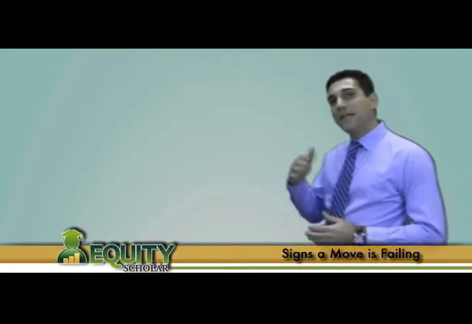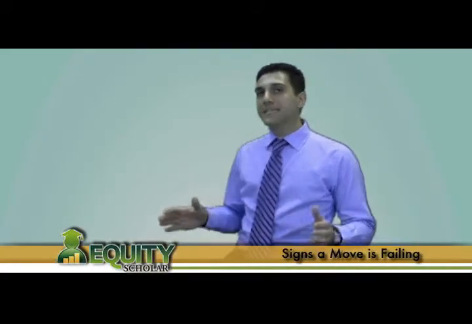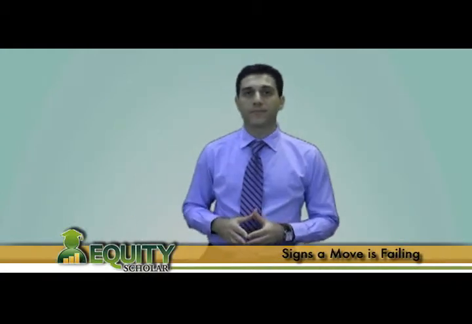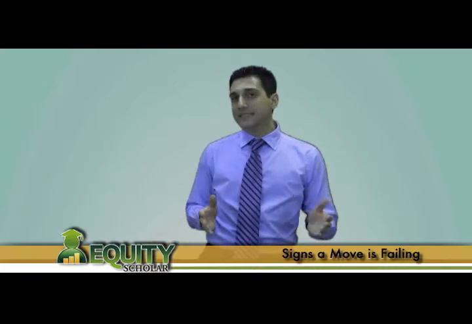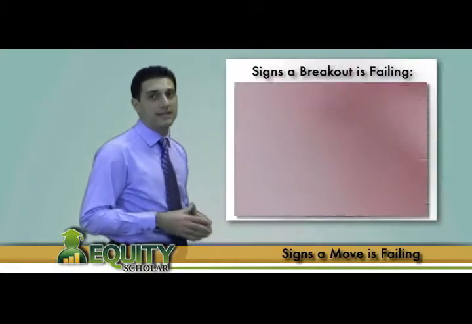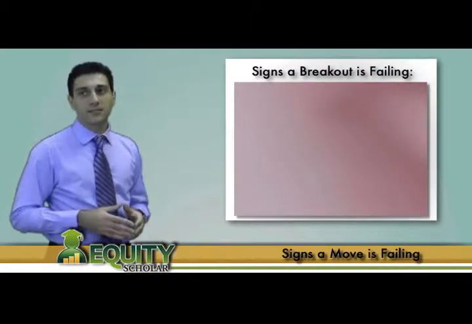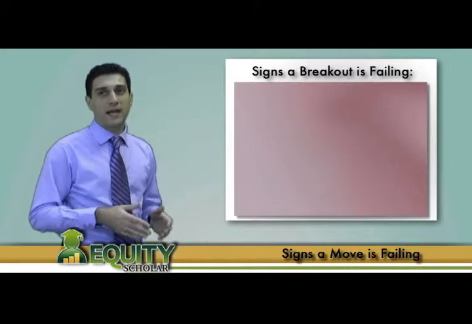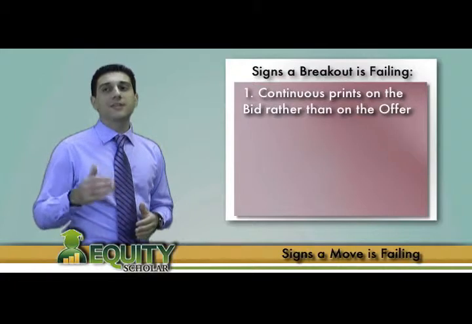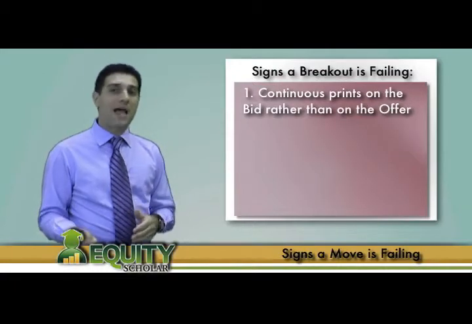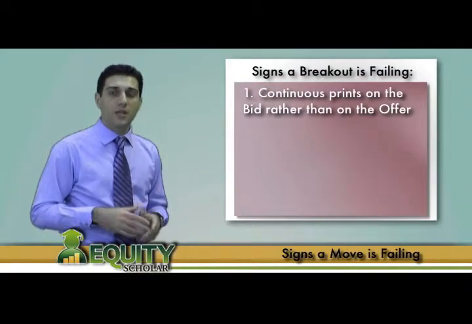Okay, if you're already in on a trade, what are some signs that the move is failing? We will use a breakout for our example. For a breakdown, simply invert the signs. The following signals are of a breakout that is potentially failing. 1. There are continuous prints on the bid rather than the offer. 2.